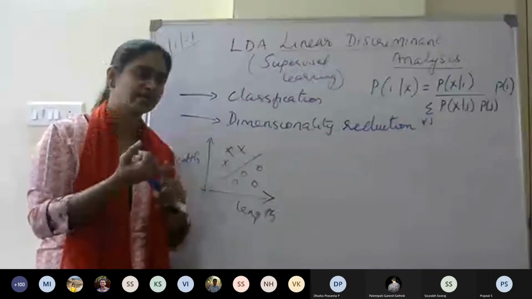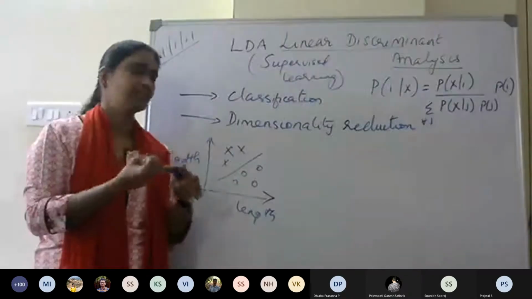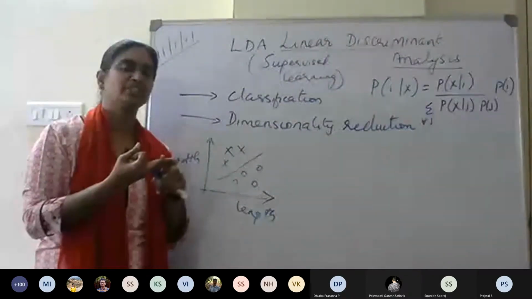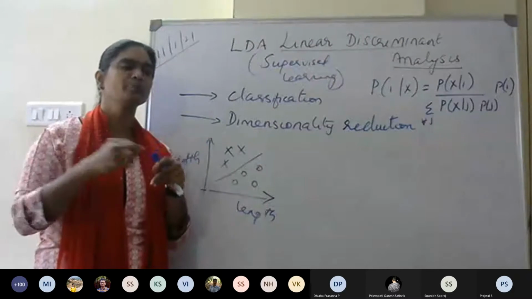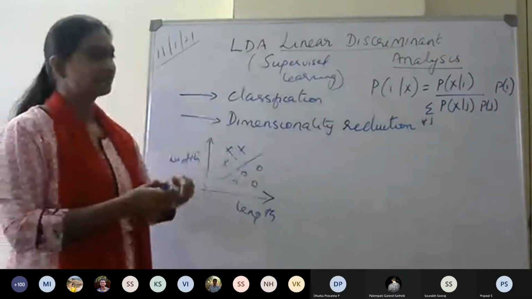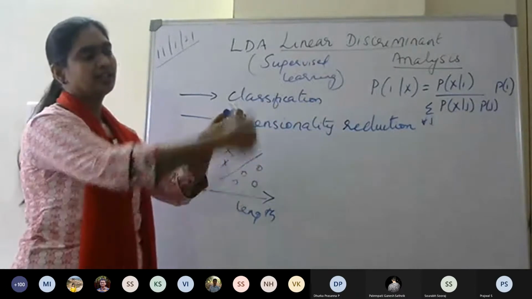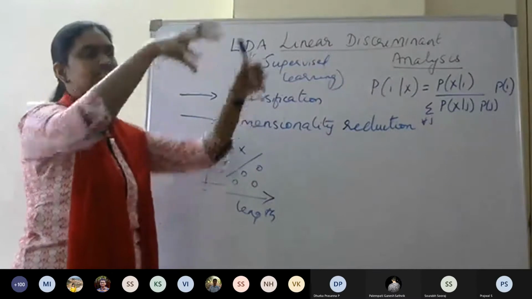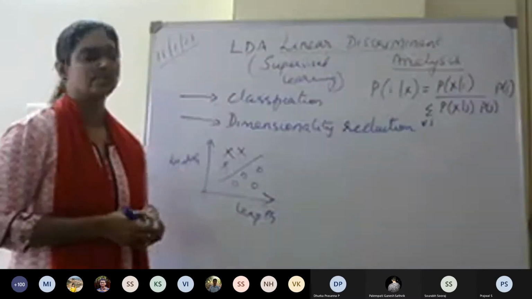In x, I will mark the length. In y, I will mark the width. And if I use a third dimension, say the weight, then I will use the z. Likewise, my number of dimensions keeps increasing. So if I use the length, width and weight, then the points will be in the third dimension, in the feature space like this, and I will have a plane to distinguish.